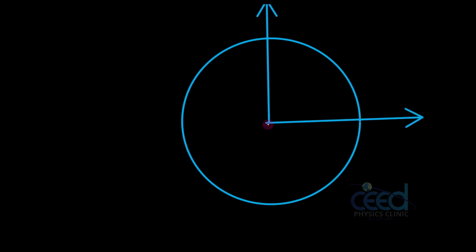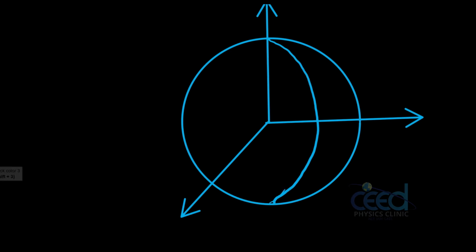Again I am considering a sphere here, so I'm considering 3 axes here, and I am considering a construction like this. This is the point which I am using here to measure.